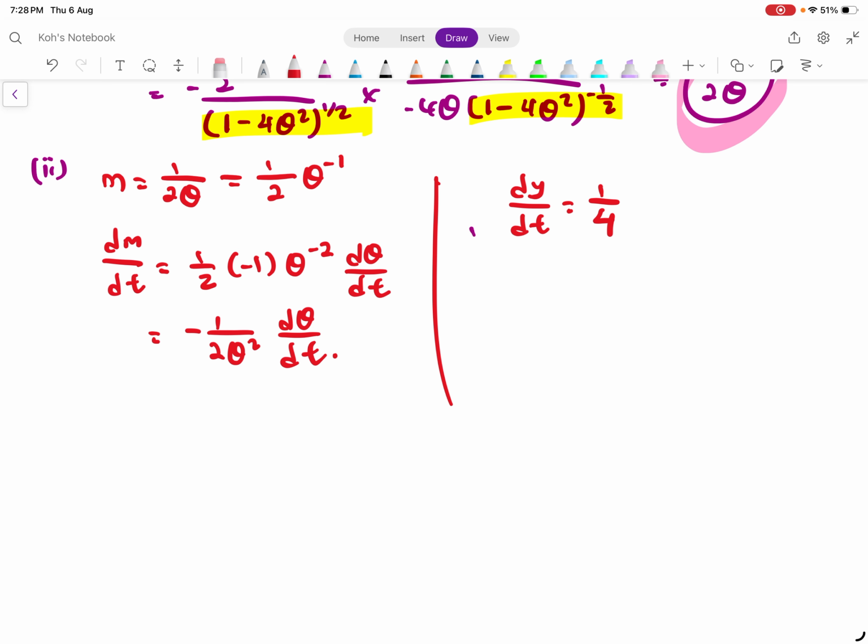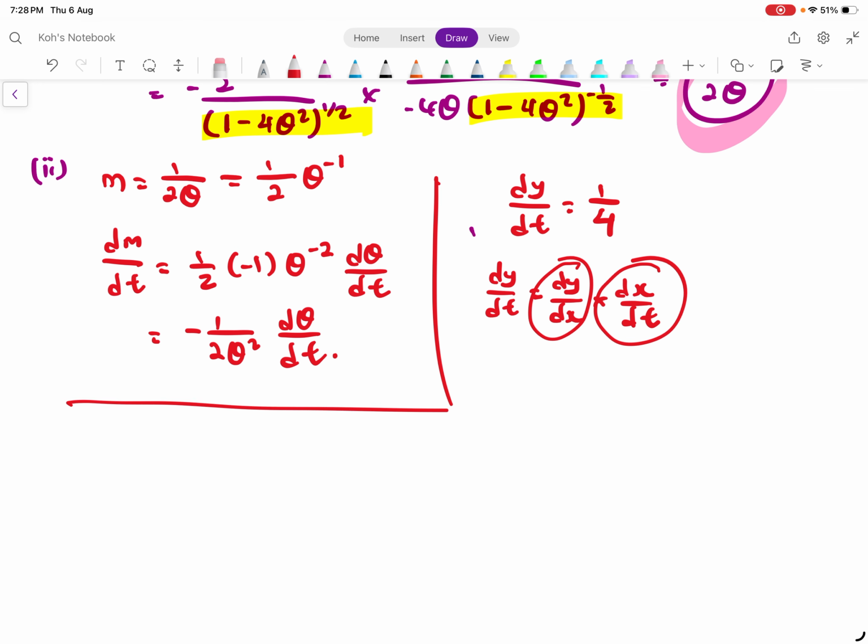The first thing that comes to mind is dy/dt equal to dy/dx multiplied by dx/dt. But apparently we do not have this. This one is in terms of theta, and I do not have theta, so I cannot find dy/dx as well. So maybe we do a bit of changing.